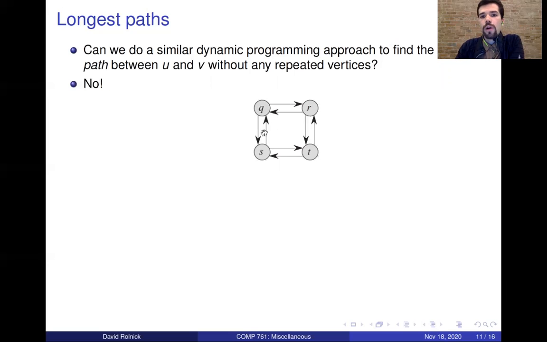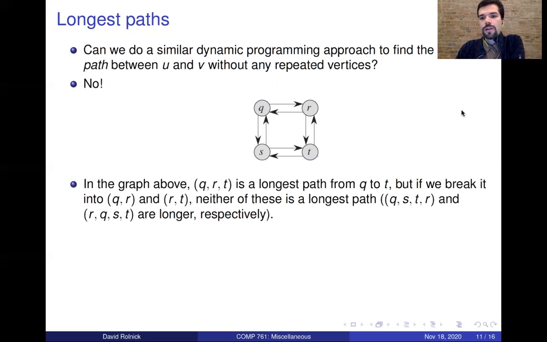If we're trying to find the longest path between, say, Q and T, QRT is a longest path from Q to T. It's the longest way to get from Q to T without repeating vertices. But if we break it into two smaller subproblems, QR and RT, those are not actually longest paths. The longest path from Q to R is QSTR, and the longest path from R to T is, for example, RQST.